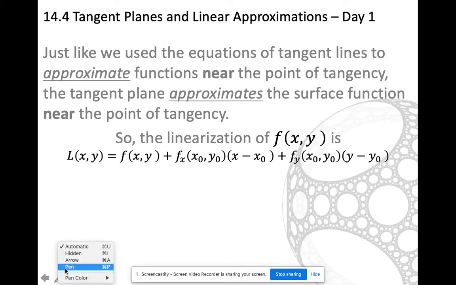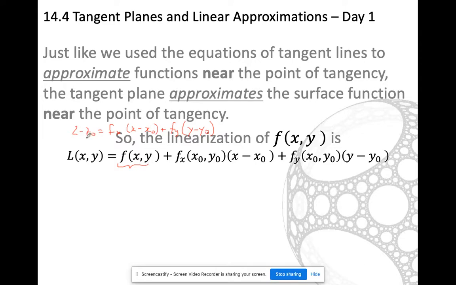Now let's take this apart a little bit. Remember what we had before? Our equation looked like this. So the linearization of the function is equal to, look at what this is.